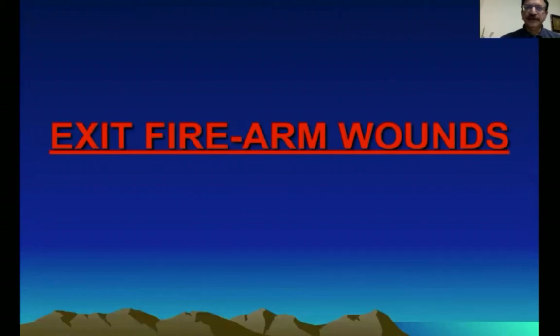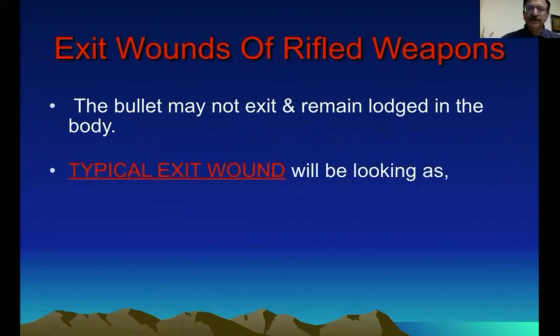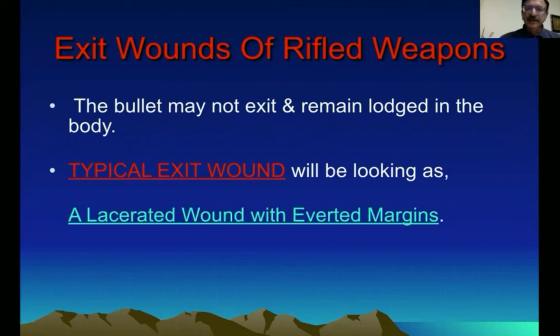Now about the exit wounds of firearms. In the rifled weapon, sometimes the bullet does not exit and remains lodged in the body. Whereas the typical exit wound of rifled weapon looks like a lacerated wound with everted margins.